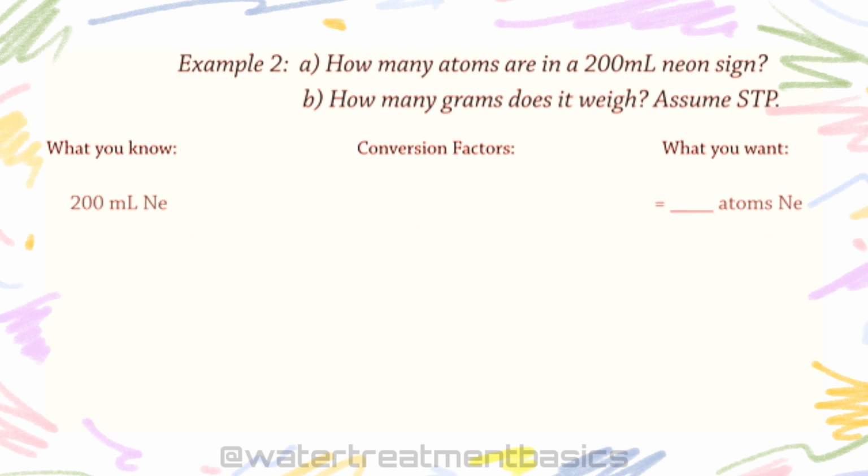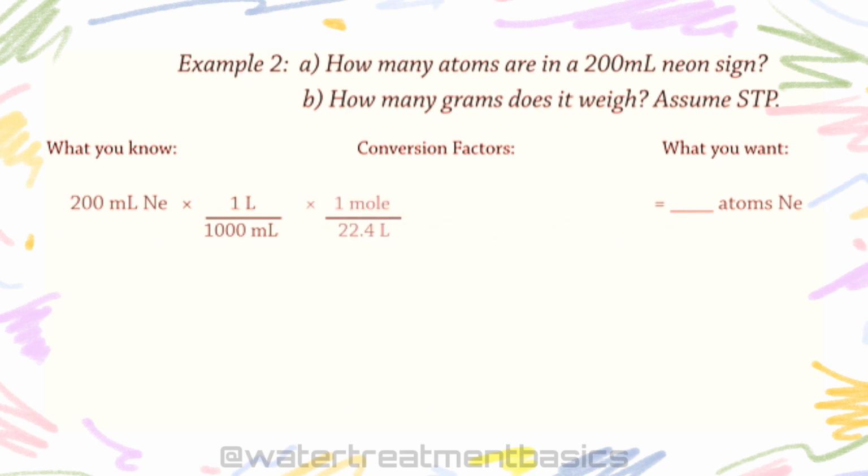We'll need several conversion factors for this problem. First, we know we need to go from milliliters to liters, so we'll use the conversion factor 1000 milliliters per 1 liter. Make sure the orientation of your conversion factor is correct, so units cancel.